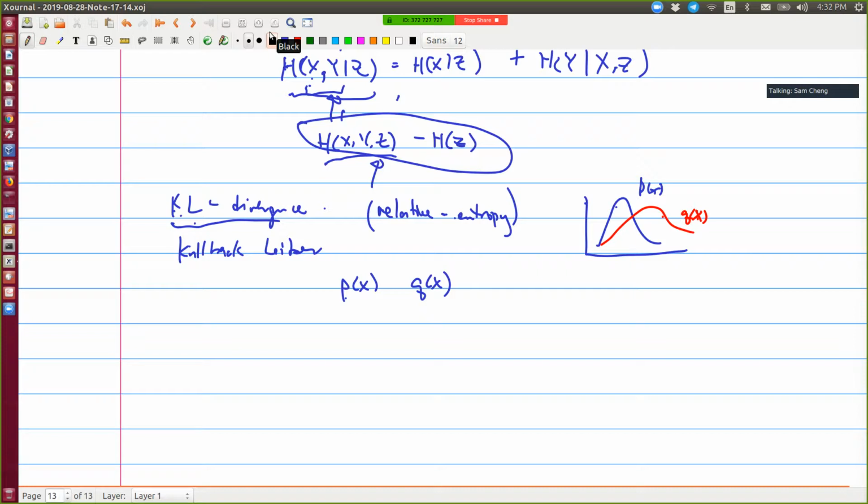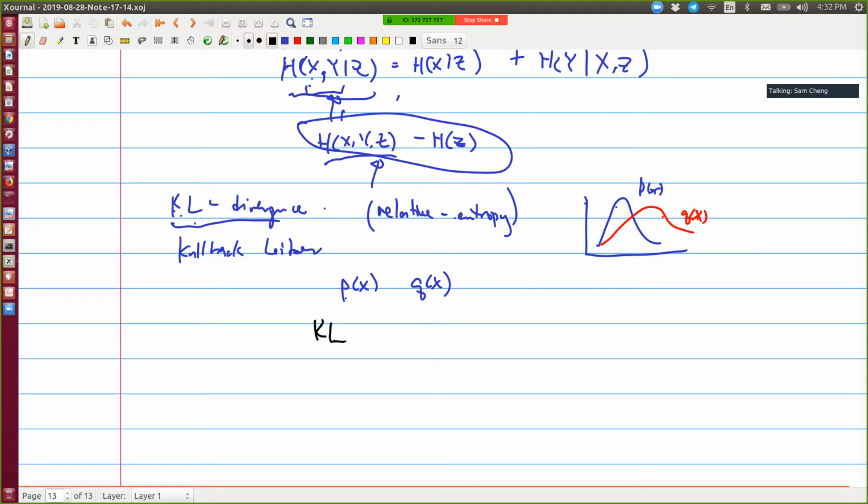But KL-divergence is very convenient because it's very easy to manipulate. Therefore, it's one of the most commonly used choices to measure the difference between two distributions. So basically, the definition is like that.